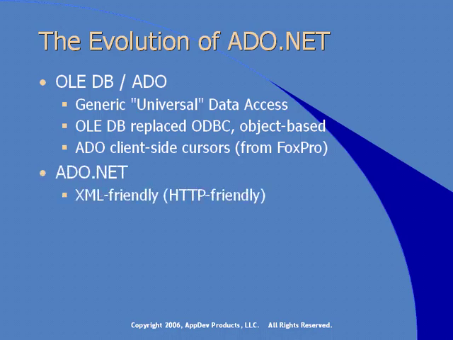ADO.NET is very XML friendly. It's very easy to create a disconnected cache of data, to then generate an XML representation of that data, and then you can send that data to any platform across any connection because XML is HTTP friendly, right?